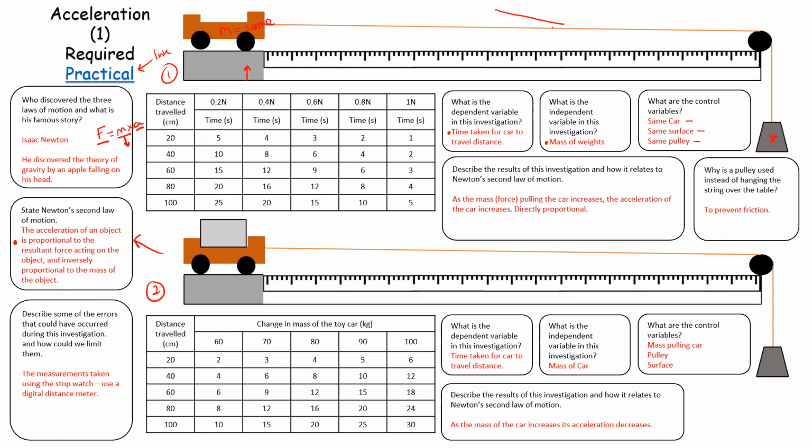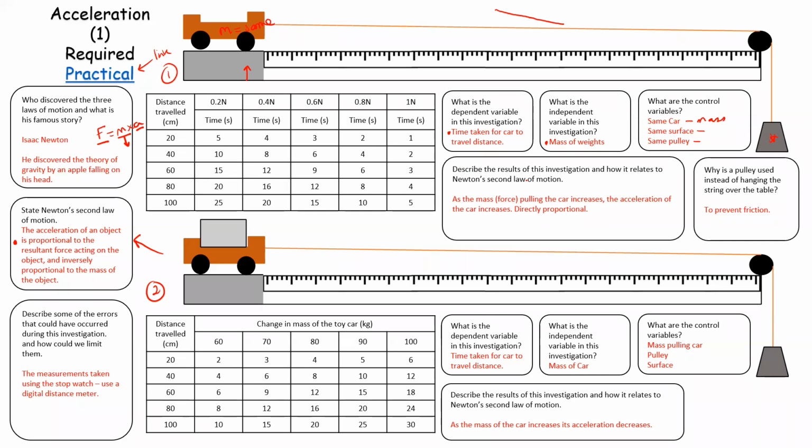So just be aware that that could be a possible question, and that's the reason why. But yes, you must use the same car because it must have the same mass, same surface, same pulley, everything. All you're doing is changing that mass.